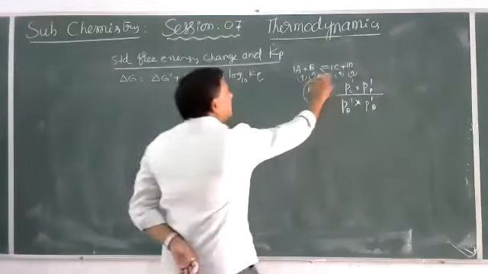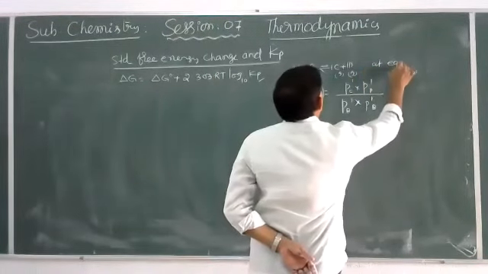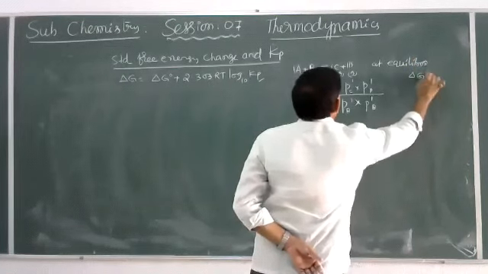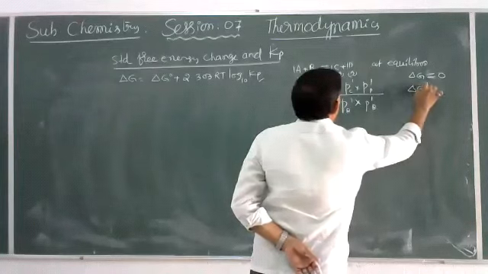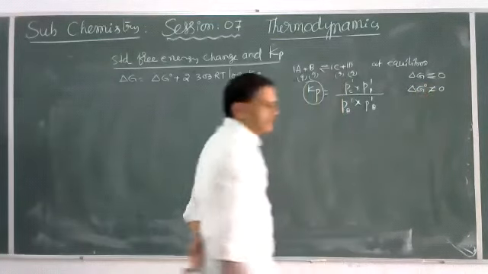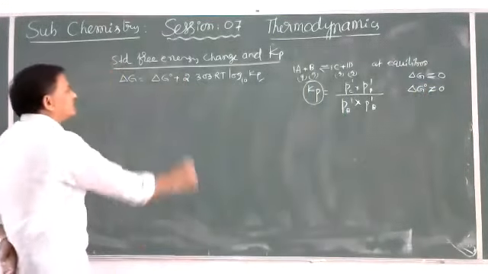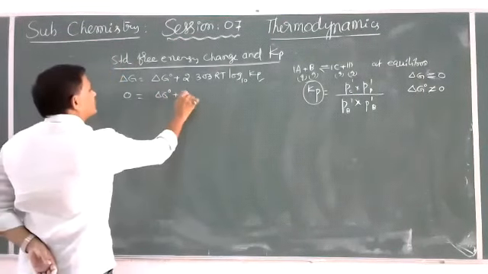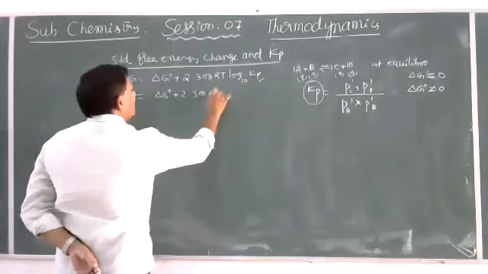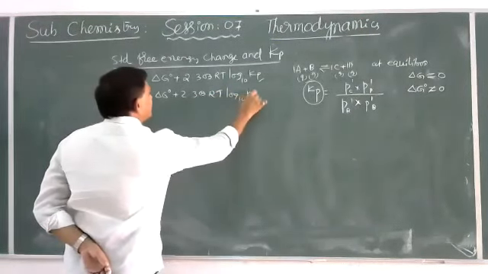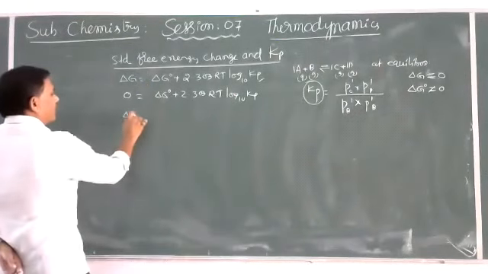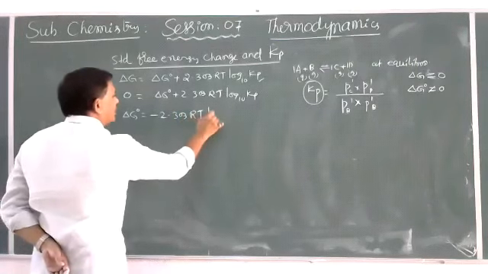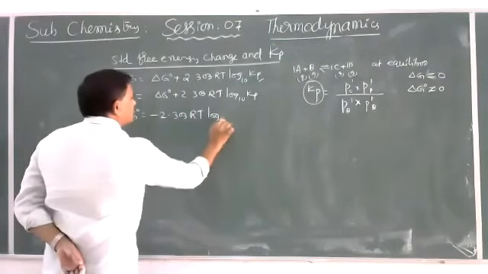Now the process is at equilibrium. So at equilibrium, delta G is equal to 0, but delta G naught is not equal to 0. So here take 0 equals delta G naught plus 2.303 RT log base 10 Kp. Or delta G naught is equal to minus 2.303 RT log base 10 Kp.